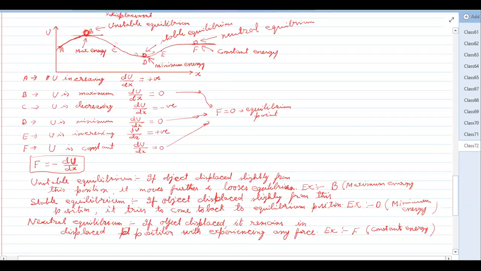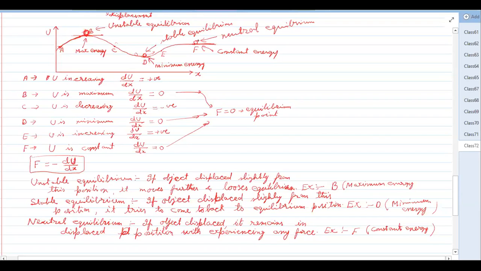Now if you shift it towards the left side, du by dx will be negative at this point, so negative of negative, the force will be positive. The object will be pushed in the forward direction. And at this point du by dx is always 0, so whether it moves forward or backward, in all cases the force is 0.